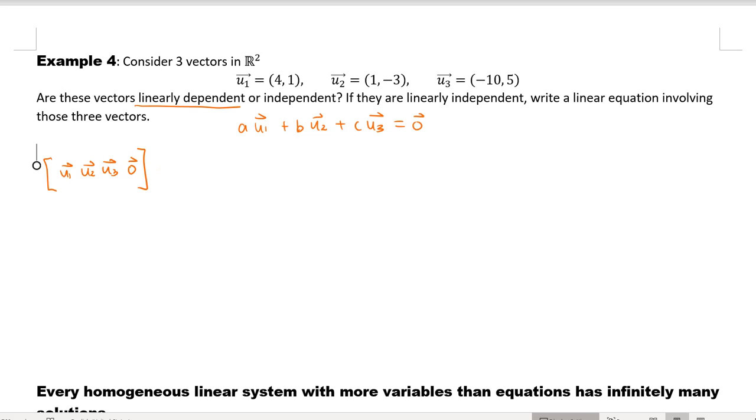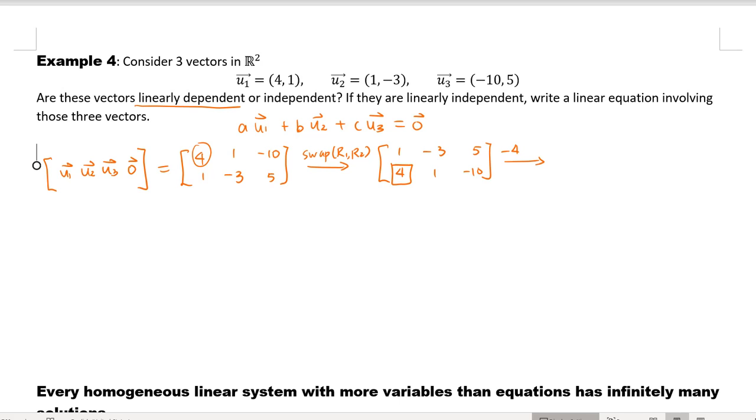So this matrix equals 4, 1, 1, negative 3, and negative 10, 5. Now first we want to make this entry 1, so let's swap row 1 and row 2. And we have 1, negative 3, 5, 4, 1, negative 10. Then we use the 1 entry to kill the entry below it.